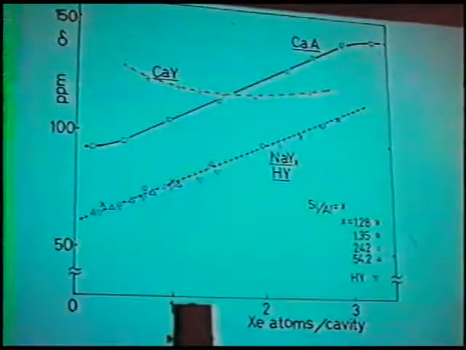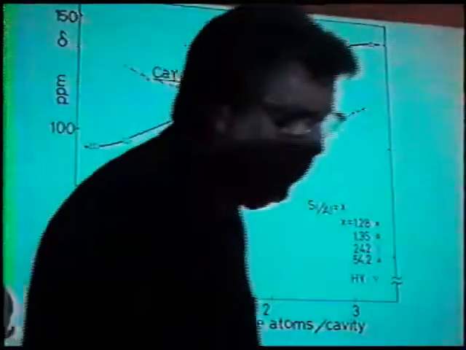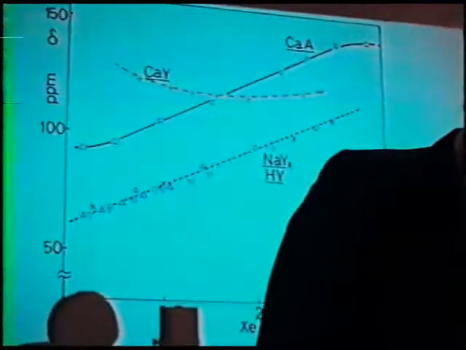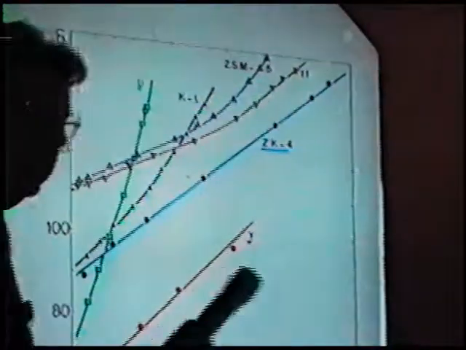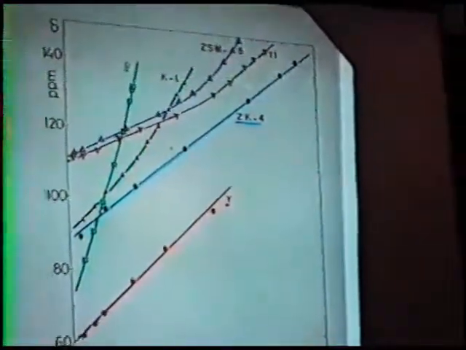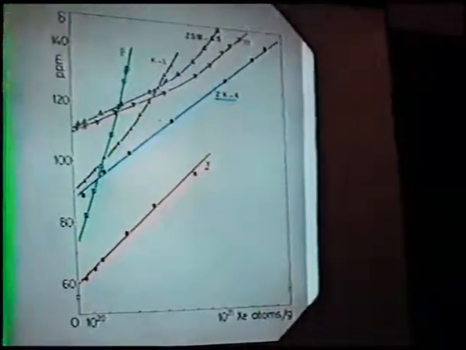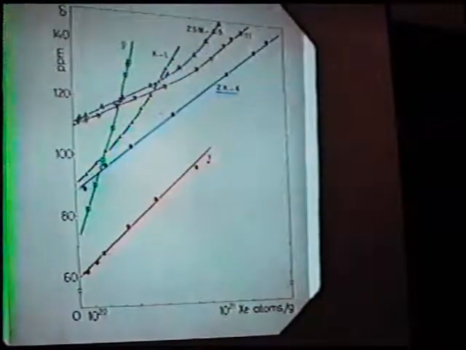We see on the first transparency the chemical shift of xenon adsorbed in different zeolites containing only one type of zone where xenon is adsorbed.